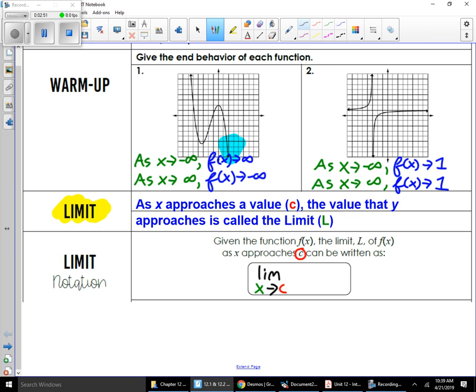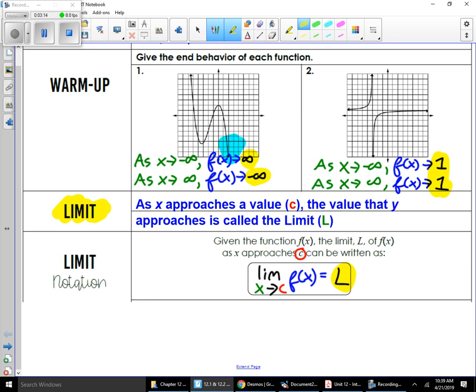As x approaches some value c, or possibly infinity or negative infinity, then the function is going to approach a limit. And we usually use L to talk about that limit. So L can be a number, like it was in this right example. L can also be something like infinity or negative infinity.